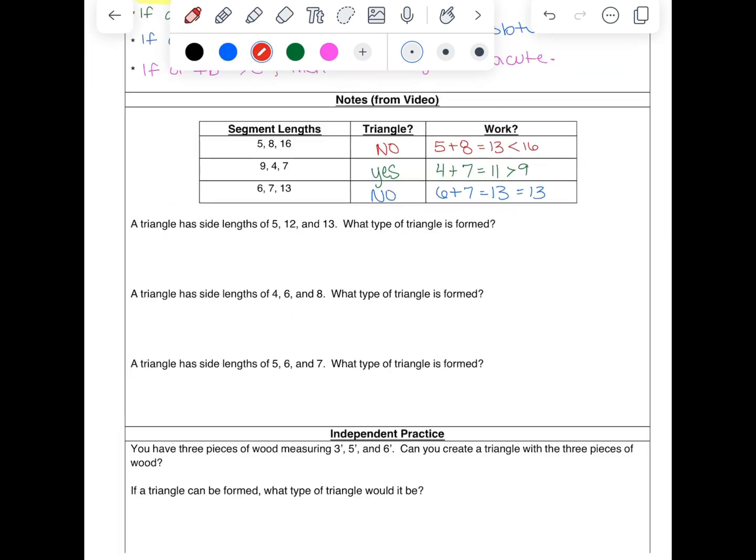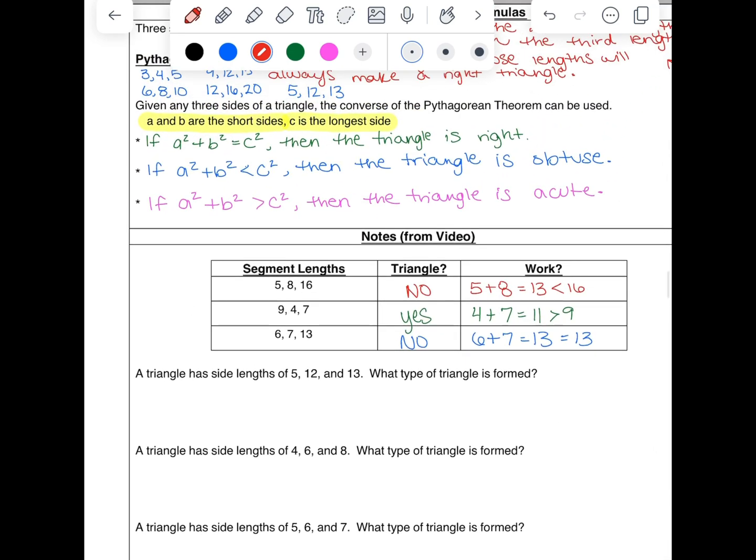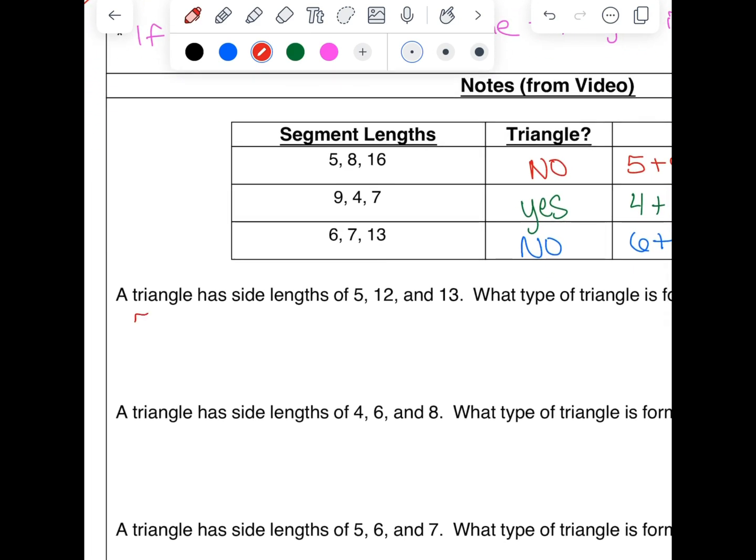A triangle has side lengths of 5, 12, and 13. What type of triangle is formed? We need to use these statements to figure out whether we have a right, obtuse, or acute triangle. Taking our two smallest lengths, we have 5 squared plus 12 squared.